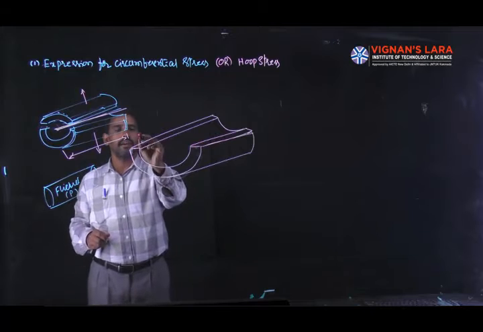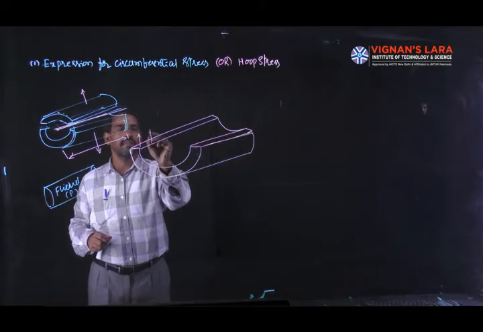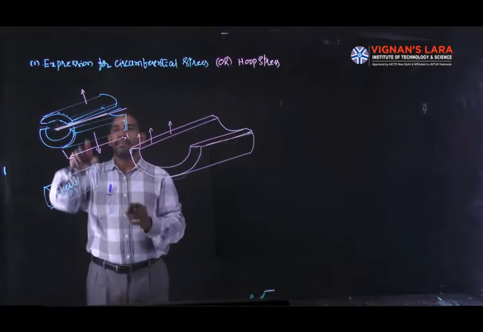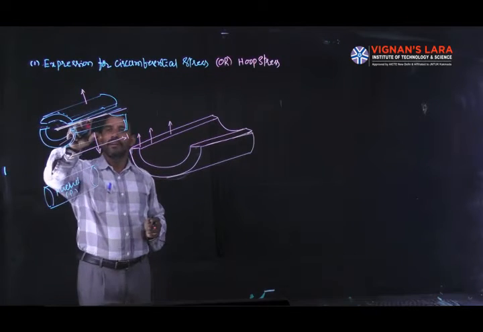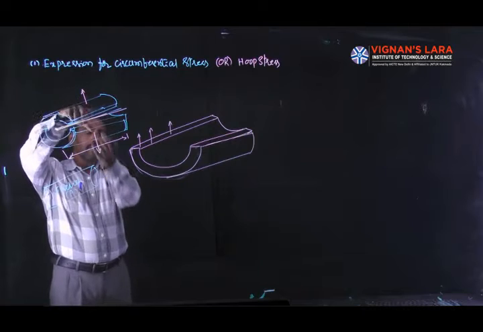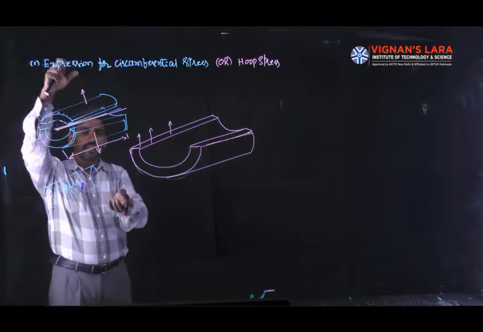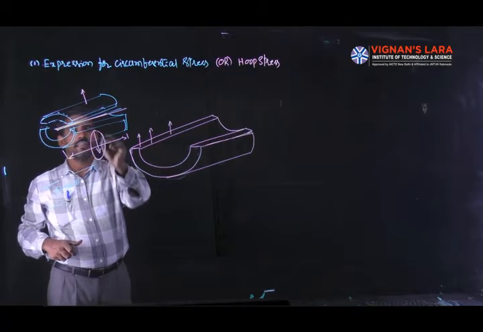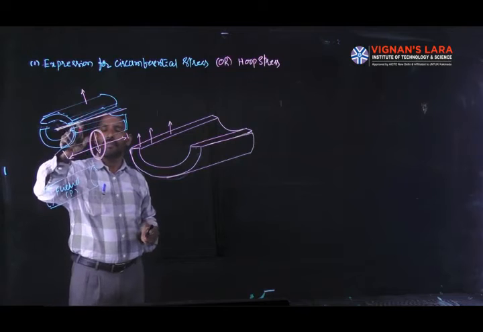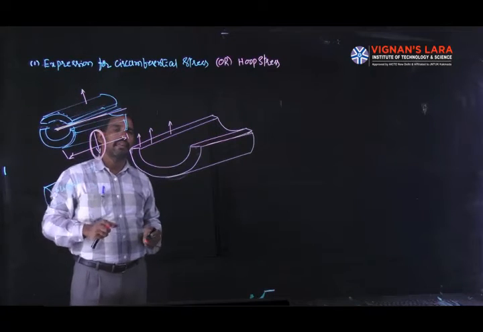It should offer resistance in such a way that the fluid pressure, which always tends to fail the material circumferentially, is resisted. This is the force exerted, and this is the direction of the force exerted by the fluid pressure.